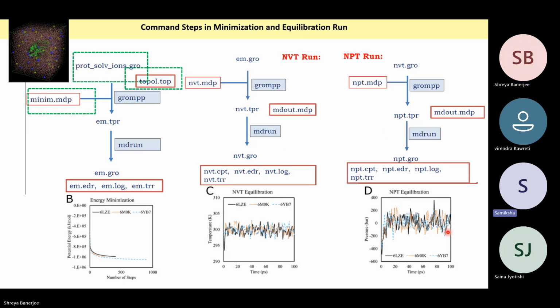But how will we think about what we want? Like suppose you want to study the effect of temperature on energy minimization. Then you cannot perform NVT or NPT. You have to perform one of the other calculations.